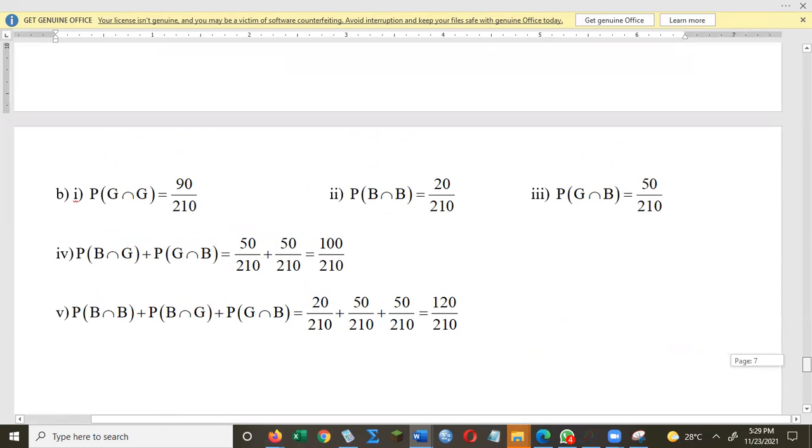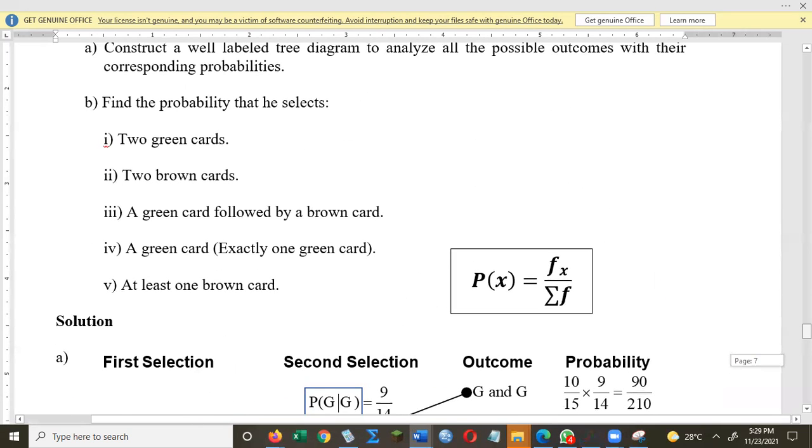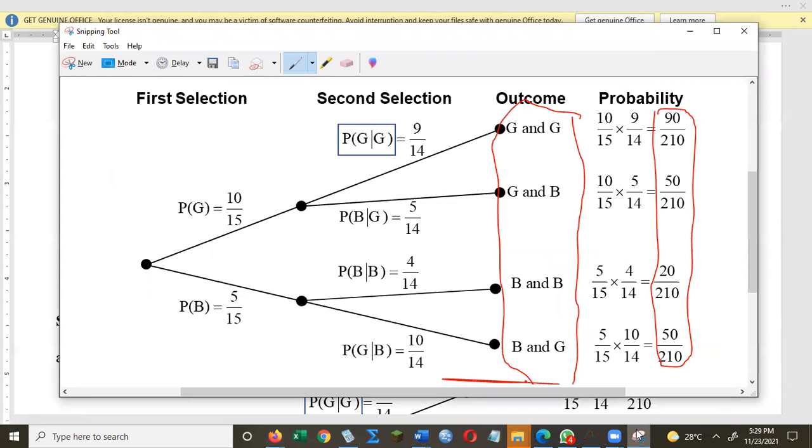However, part 4 is saying exactly 1 green card. What is the probability to get exactly 1 green card? When we're analyzing, will we be saying or? The first suggestion, someone said green and green. It cannot be green and green because this is 2 green cards.